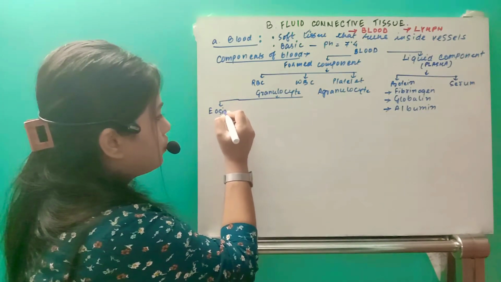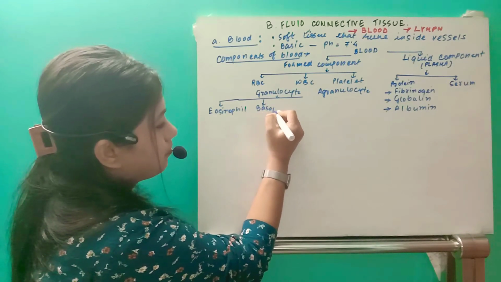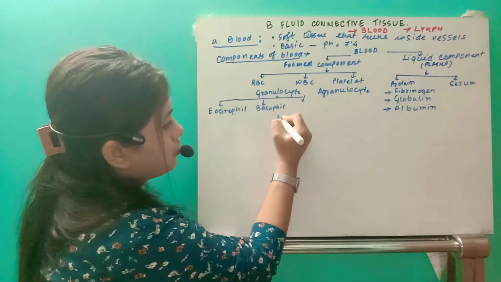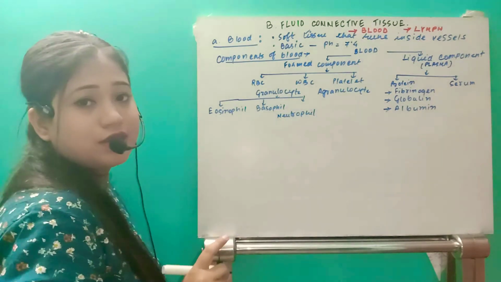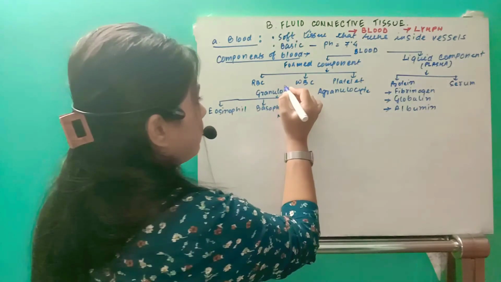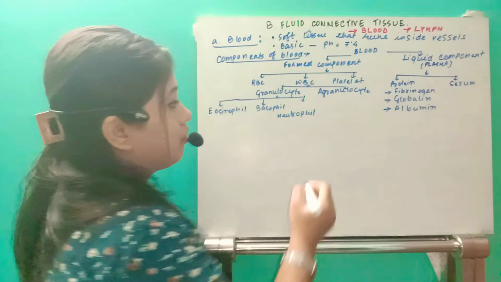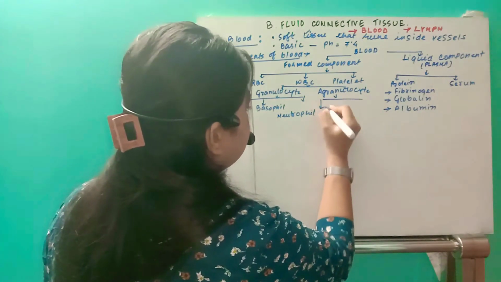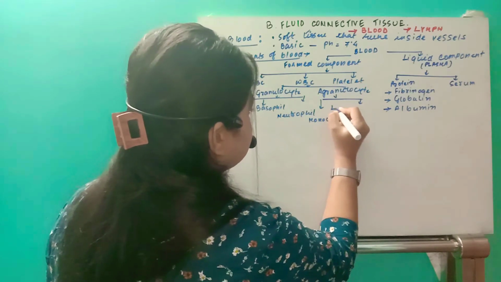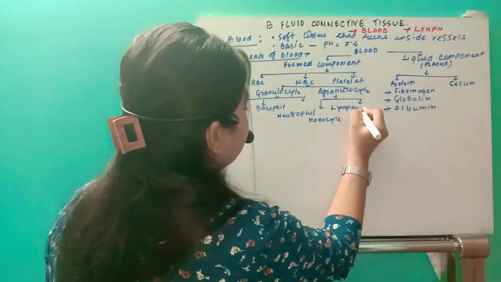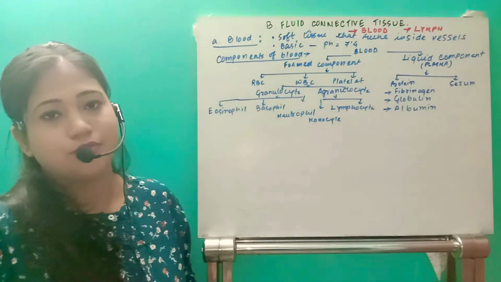One is eosinophil, next one is basophil, and the third one is neutrophil. And the other type of WBC is agranulocyte, and there are two types of agranulocyte present. One is monocyte, and the second one is lymphocyte. That will be very much important.